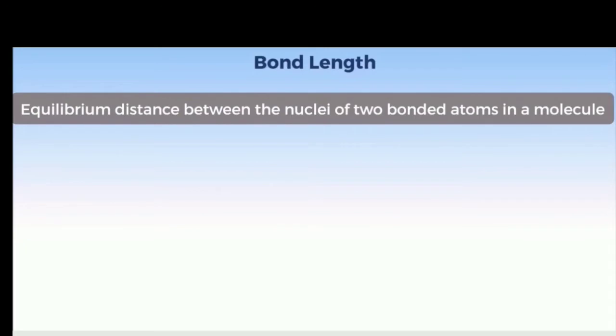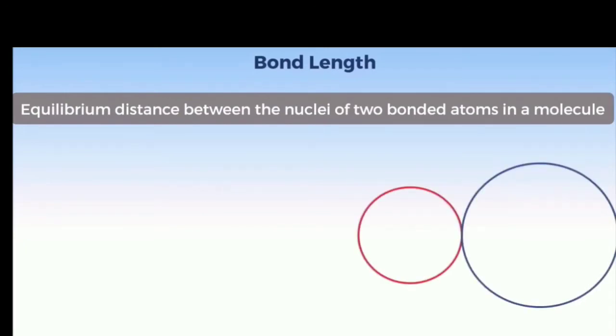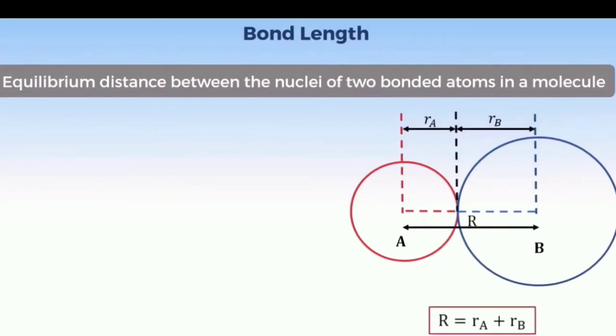Here you can see two bonded atoms. Here the distance between the nuclei of two bonded atoms is known as bond length. Here the bond length R is equal to RA plus RB, where capital letter R is the bond length and RA and RB are the radii of atoms A and B respectively.